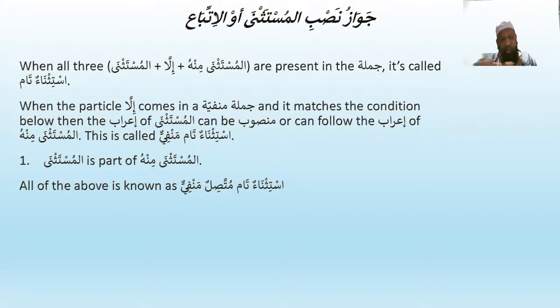Mustasna is part of mustasna minhu. And it is manfi because there will be a harf nafi in the jumla. Okay, so we are doing when istisna tam muttasil manfi, then it is allowed the nasab of al-mustasna or al-ittiba'.